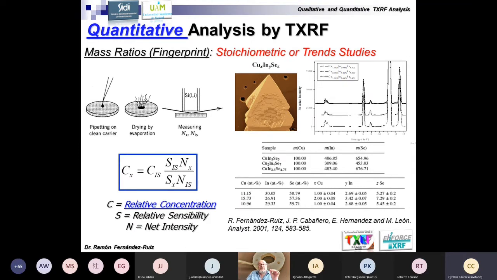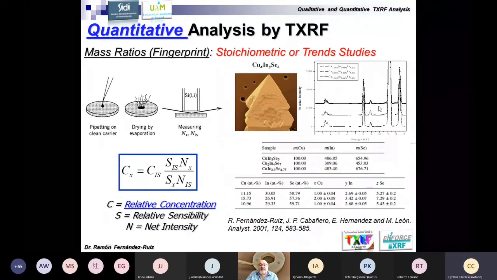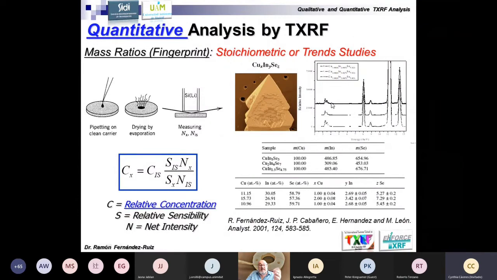Well, okay, go to analyze directly. So we only need to obtain the spectra and normalize each one of the signals, in this case to copper, the central element, which was normalized to 100 relative mass units. The mass of indium and the mass of selenium were evaluated in comparison.